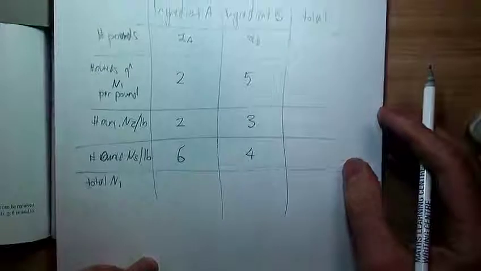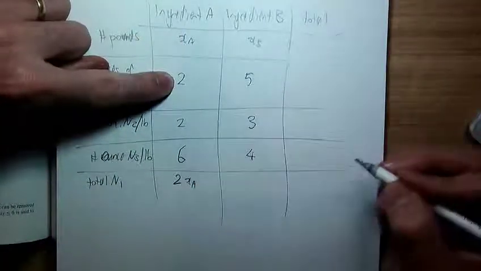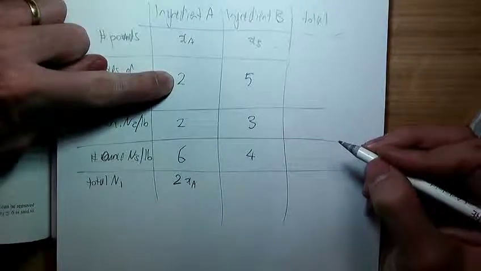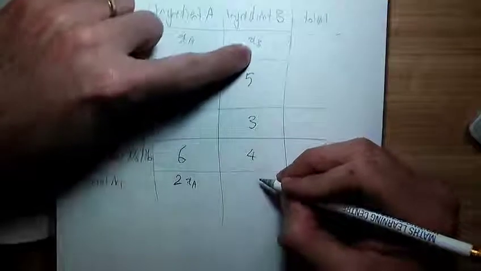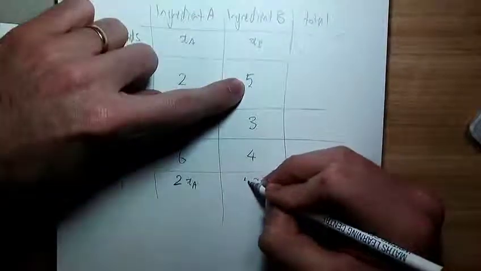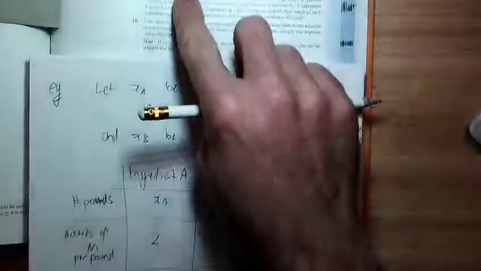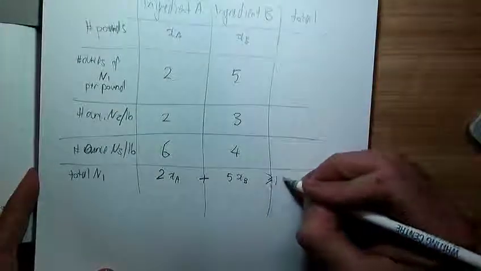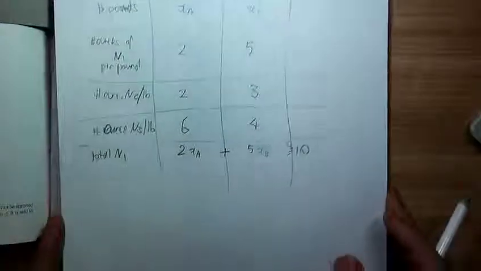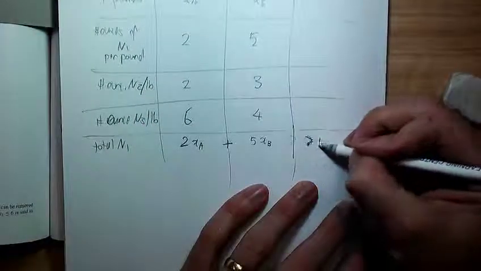So let's see. There's XA pounds, and each of them has 2 ounces. So that's how much N1 there is from ingredient A. There's XB pounds and 5 per pound. So that's the total amount. And it needs to be at least 10 ounces. So the total has to be greater than or equal to 10.